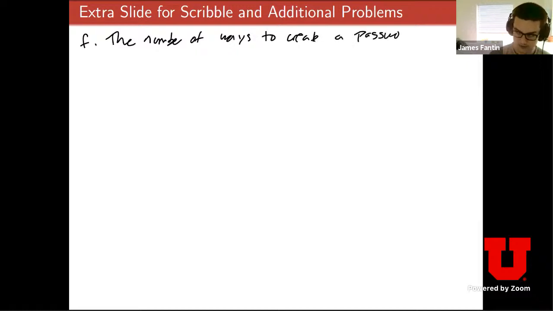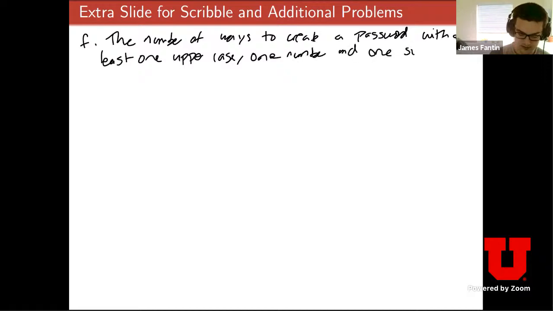And then the last one we had was the number of ways we would create a password with at least one upper case letter, one number, and one symbol. How do we count this?